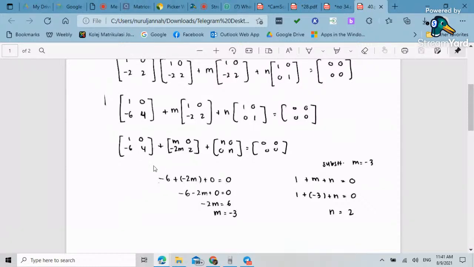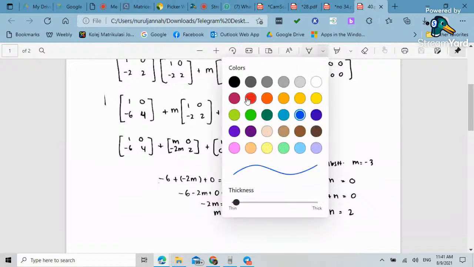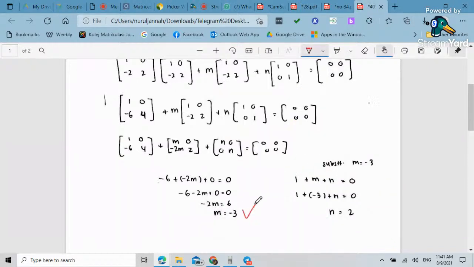So here you pick -6 minus 2M, 0 equal to 0. Then you will get -3. For N, same. You can pick any element, and then you solve the equation, and you will get N equal to 2.